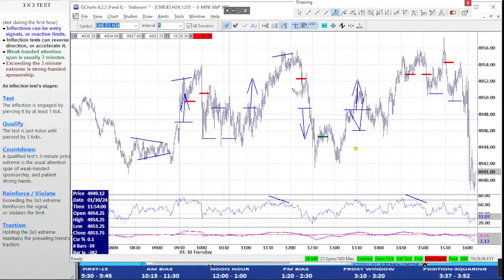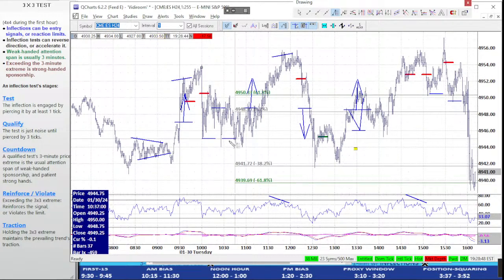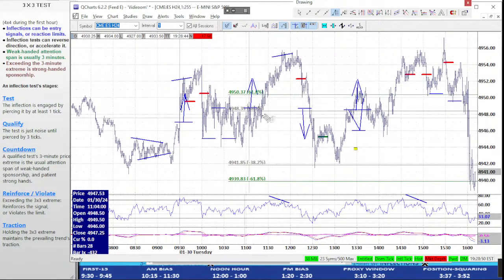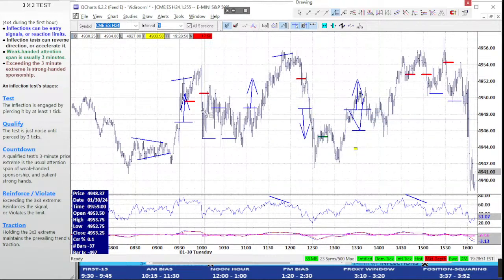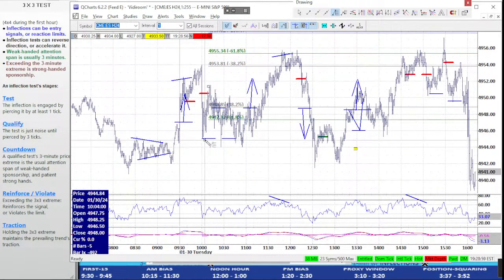So if we're already tracking a buy signal, I have some rules. I don't just haphazardly decide that this is a buy signal.